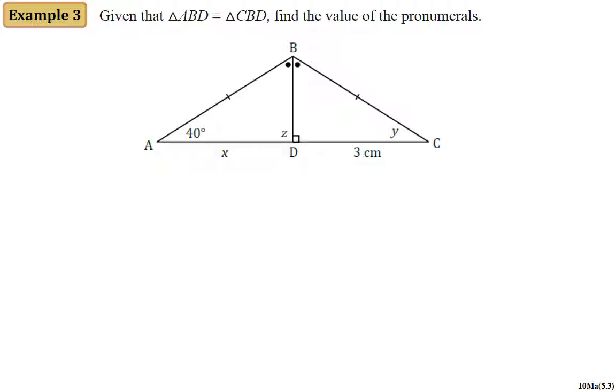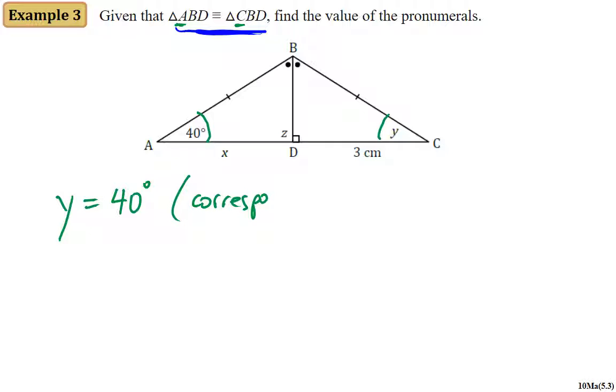Example 3, we are told those shapes are congruent. So if we're told they're congruent, if I look at the first situation, the first letter is A and the first letter is C. So the angle at A and the angle at C match up. So Y equals 40 degrees because they are corresponding, which is a fancy word for matching, they're corresponding angles. Now let's look at the next one.